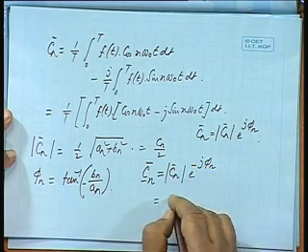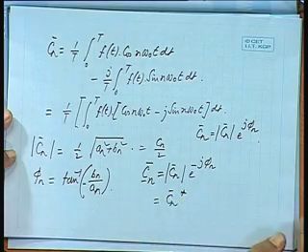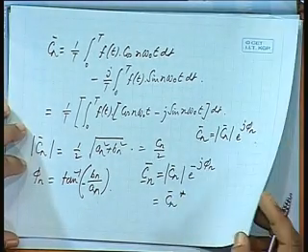C minus n is the magnitude of Cn times e to the power minus j phi n, which is nothing but Cn star.